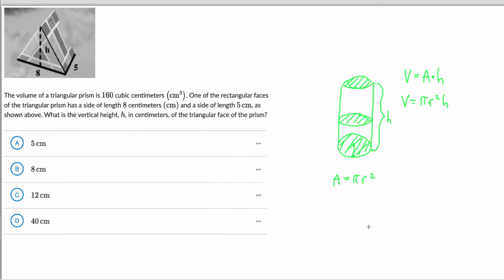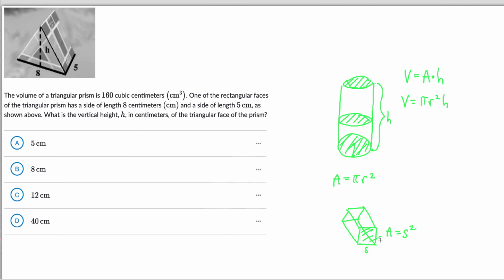That's true of, let's say, a rectangular prism with a square base. Here's a square base, and then here's the rectangular prism going up. This square has some area at the base. Let's say the side length is s, then the area is s squared.